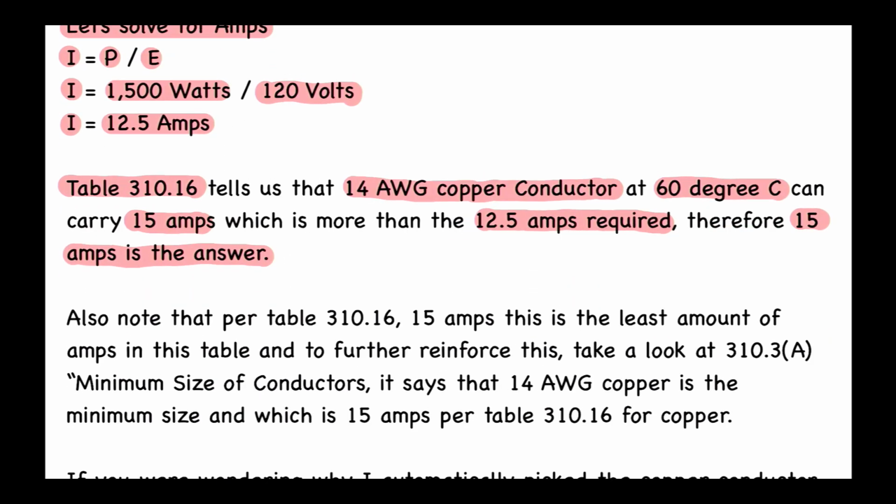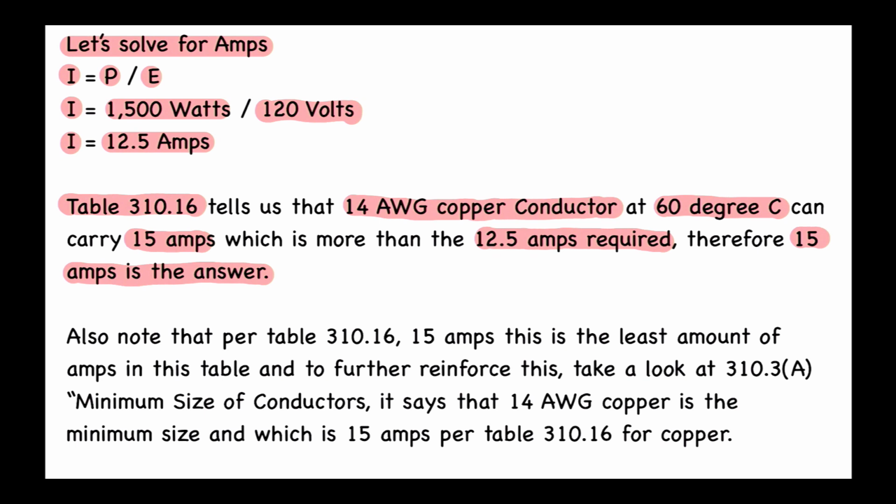All right, so let's see what else we've got here in our textbook. Also note that in Table 310.16, 15 amps is the least amount of amps in this table. To further reinforce this, take a look at 310.3(A), which is called Minimum Size of Conductors.